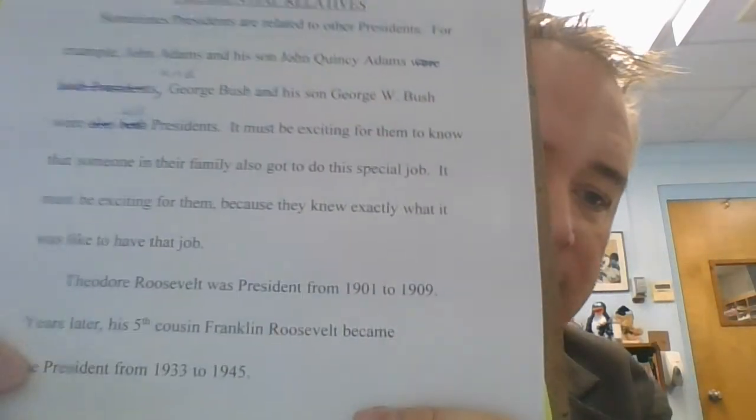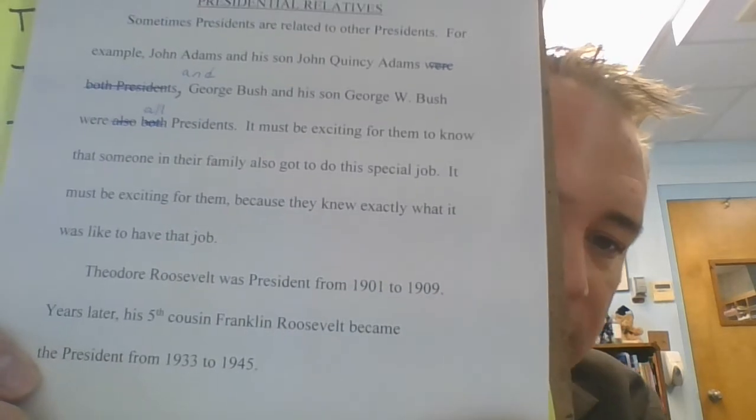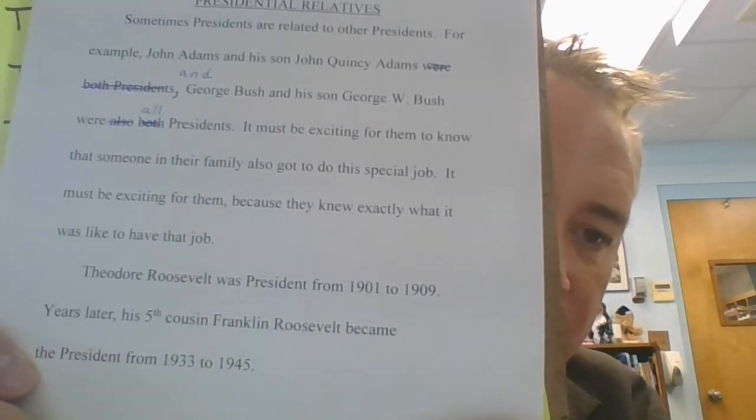So let's go back into my writing about presidents, okay? Because that's the book that I'm working on right now. And last time I showed you this part that's about presidential relatives, and we talked about the Bushes and the Adamses, right? Well, let's go back and see if we can revise this a little bit more. So down here on the bottom, it says Theodore Roosevelt was president from 1901 to 1909.